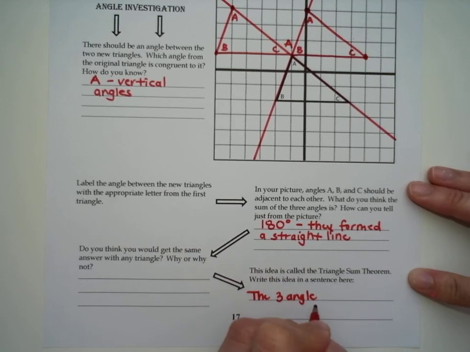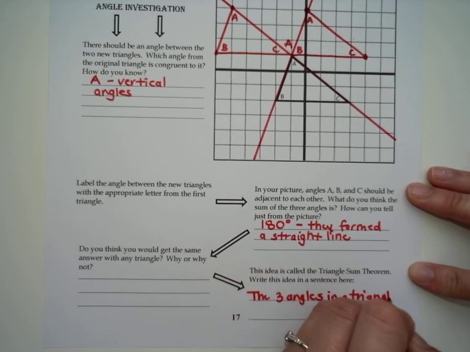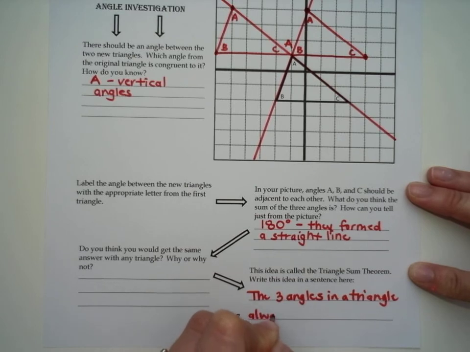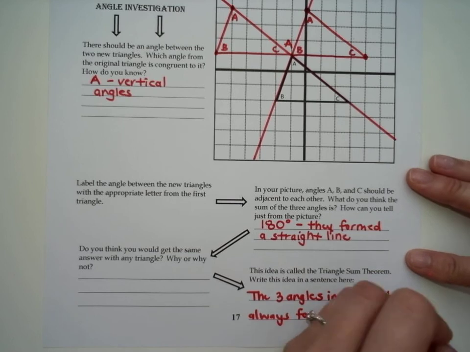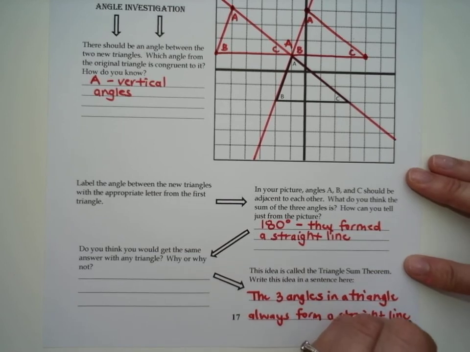So we know that the three angles in a triangle always form a straight line. Which is 180 degrees.